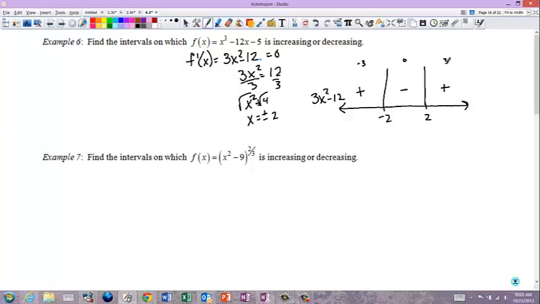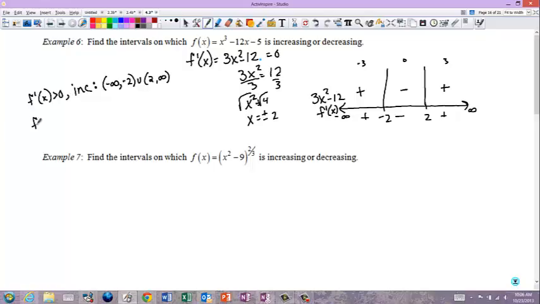So where is it increasing? This is my graph of f prime. It's increasing from negative infinity to negative 2, and from 2 to infinity. Why? Because the derivative is greater than 0.